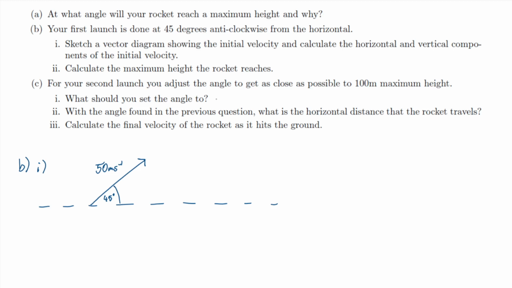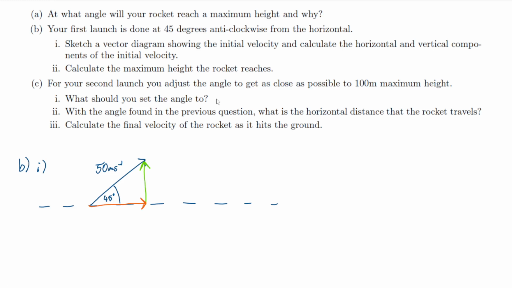We're splitting it up. So vertically, it has a component that's going up, right? It also has a component that's going to the right, like so. And we can work out the magnitude of those velocity components.